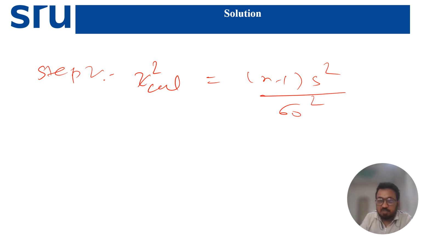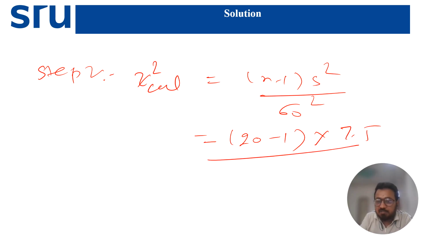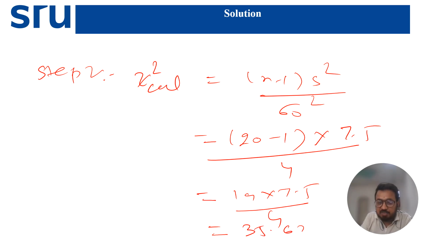So n is 20, 20 minus 1, into s square is 7.5, by sigma square is 4. So this is equal to 19 into 7.5 by 4, which is equivalent to 35.625. Okay, this is the chi-square calculated value.